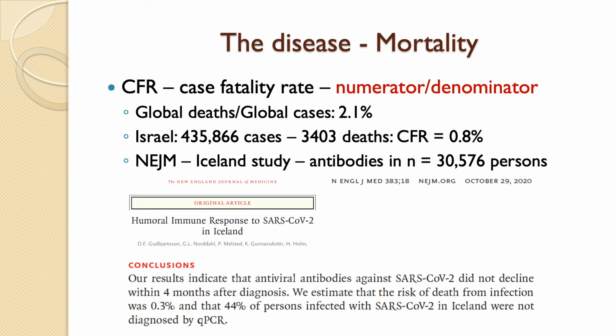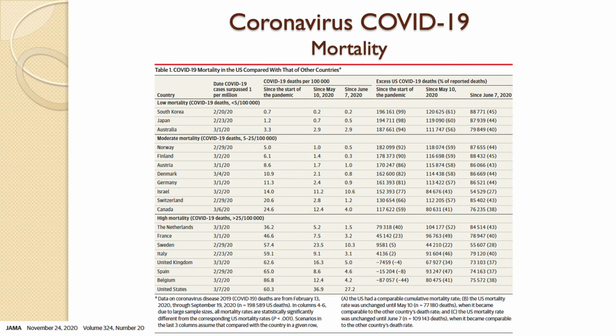And 44% of persons infected with SARS-CoV-2 in Iceland were not diagnosed by a PCR, indicating that they had no complaints. So in this case we come to a case fatality rate of 0.3%.